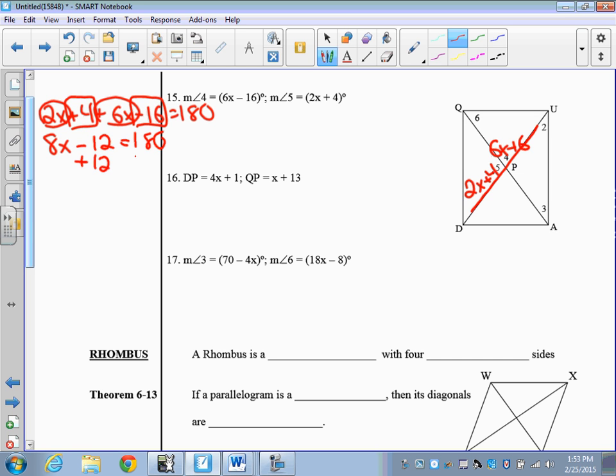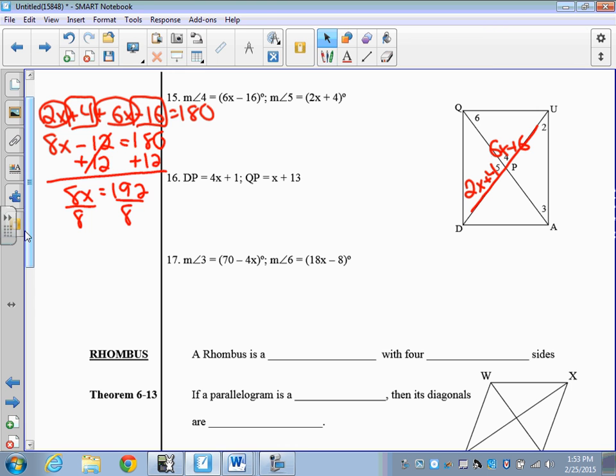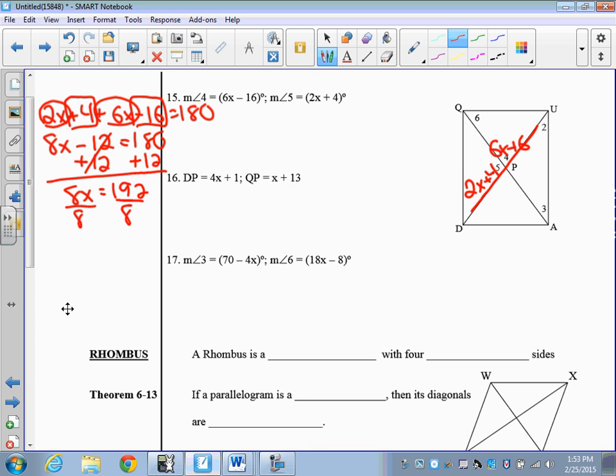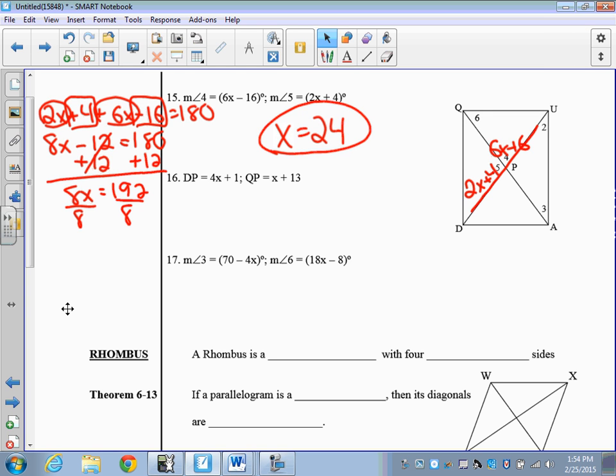We add 12. 8x is equal to 192. And then we divide by 8. So we get 192 divided by 8, which is 24. Again, you should be able to try 16.